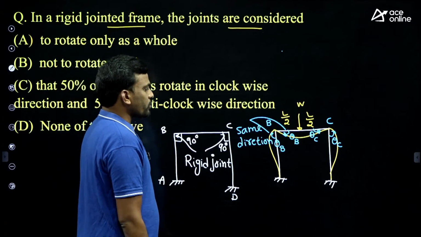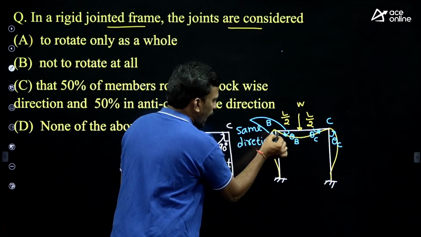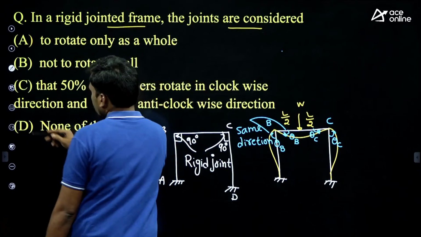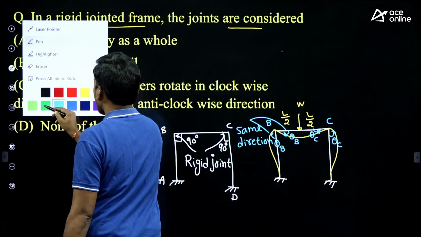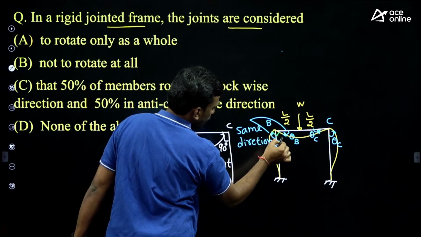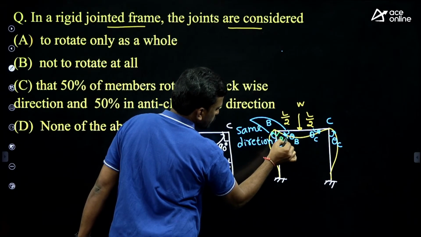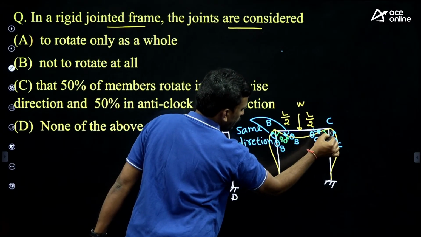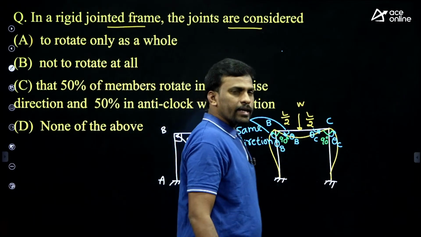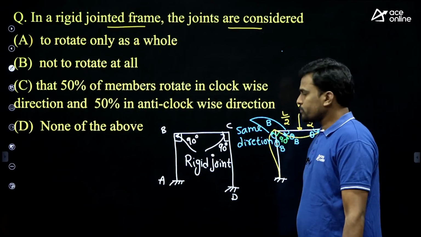Now tell me students, what is the included angle between the members after loading? This is the included angle. It is 90 degrees only. It remains the same at the rigid joint. Now tell me, will the rigid joint rotate or not?